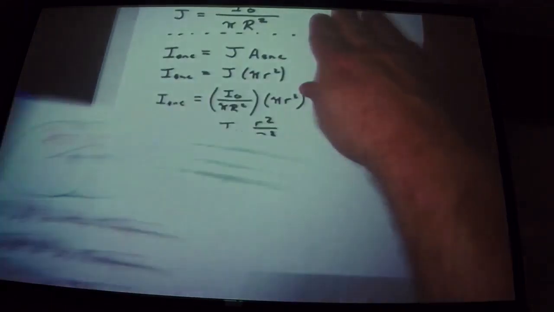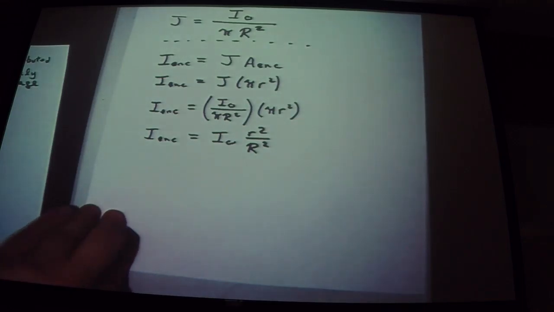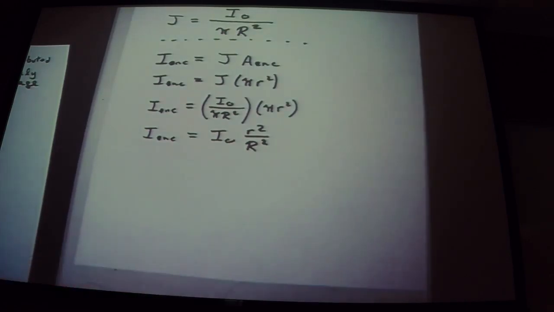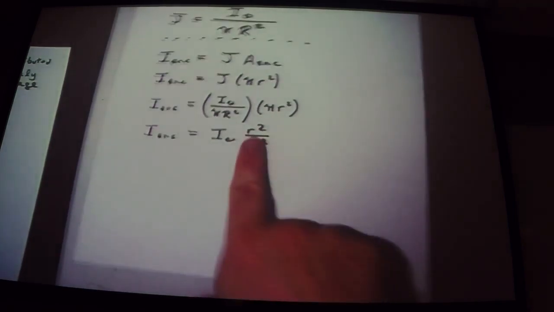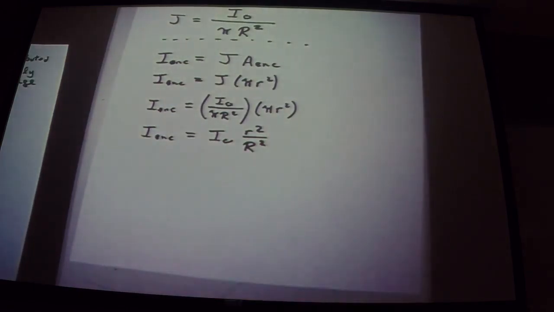And if you plug in big R squared divided by little r squared, I get I naught for my current enclosed. So indeed it does check. The other check is if r is equal to 0, this should be 0 because I'm not enclosing anything. So at least the limits are correct.